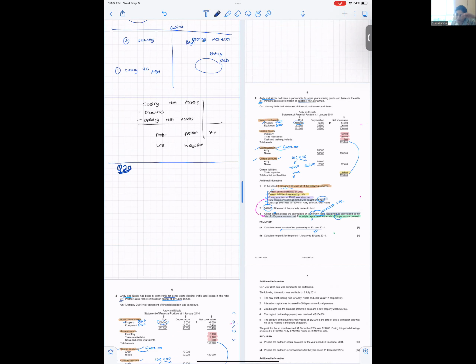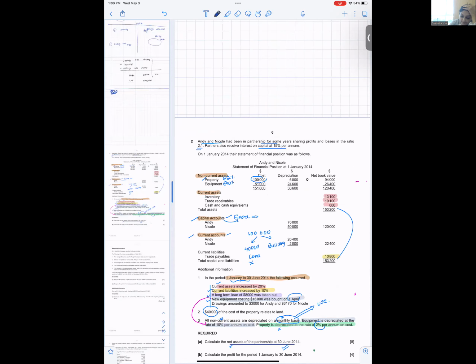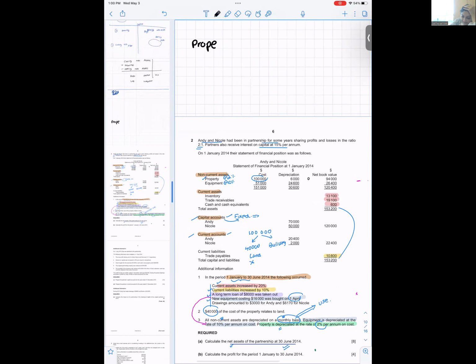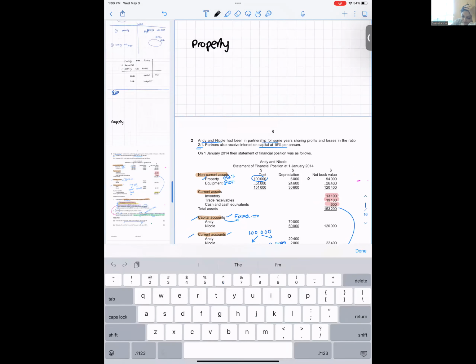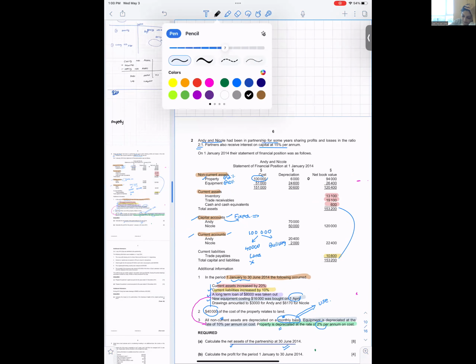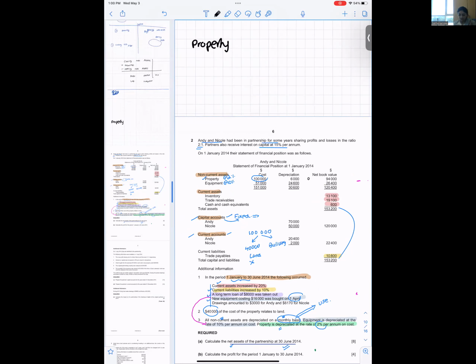Let's start with property. Property is of how much? 100,000.